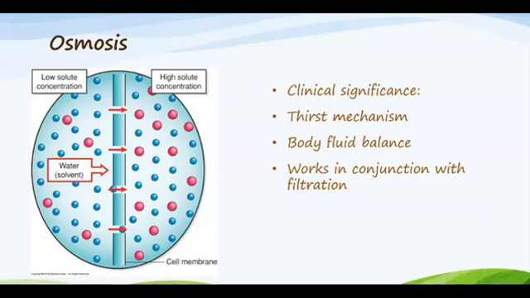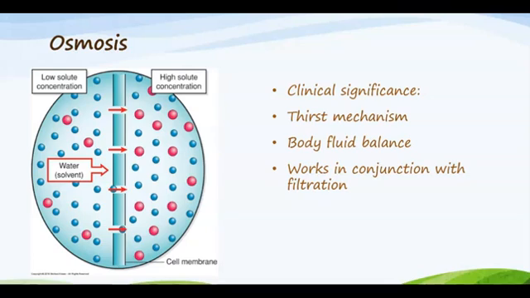One really important principle of fluid movement is known as osmosis. So when we're talking about osmosis, this is when water or fluid is going to move through a semi-permeable membrane, and it's going to move from an area that has a low concentration of solutes or particles to an area that has a high concentration of solutes.